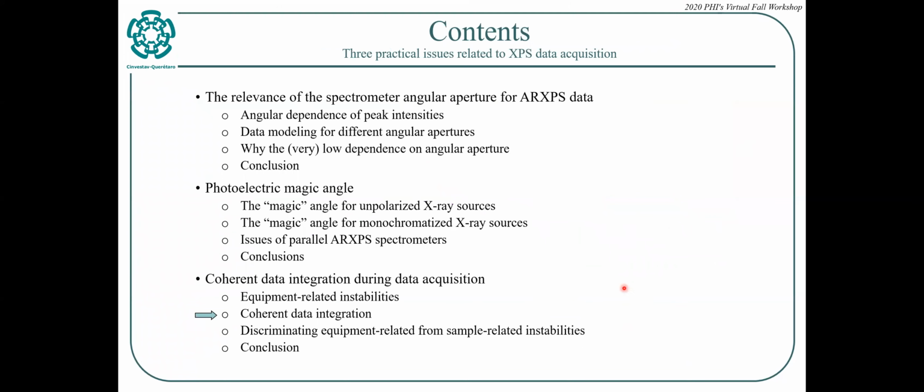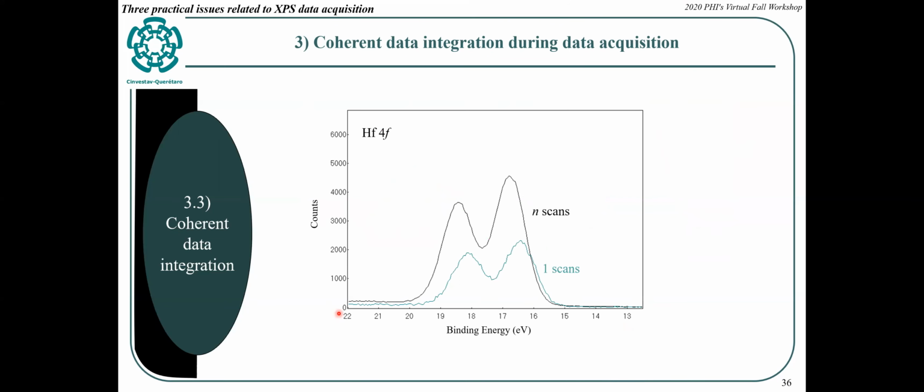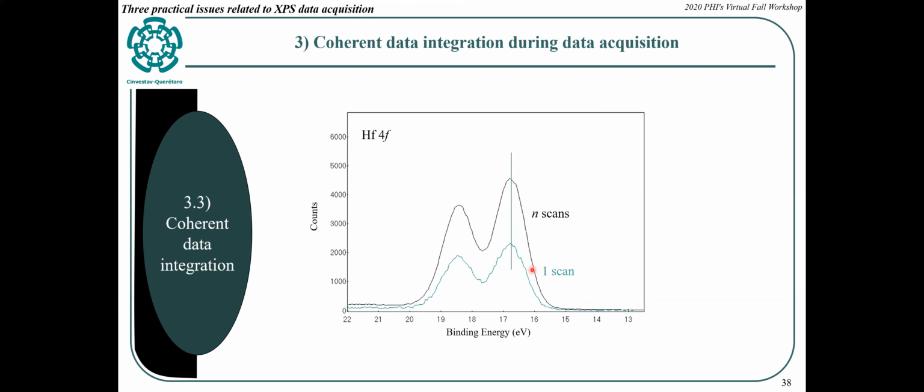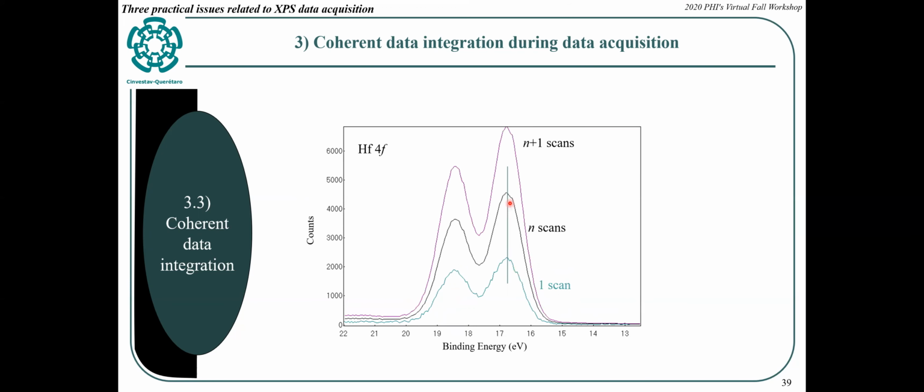So how do you fix that? You fix that by doing coherent data integration. What do I mean by that? Suppose that you have already taken n scans of 4F and take another scan. So you can see that they are not aligned. So there's a misalignment. What you can do is just align them and then add them.